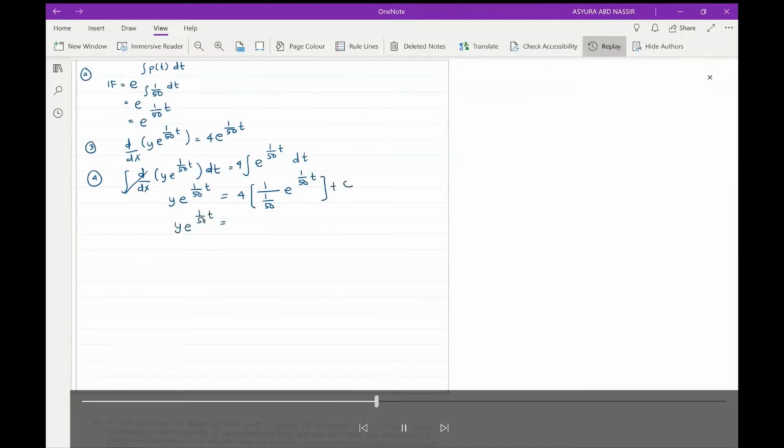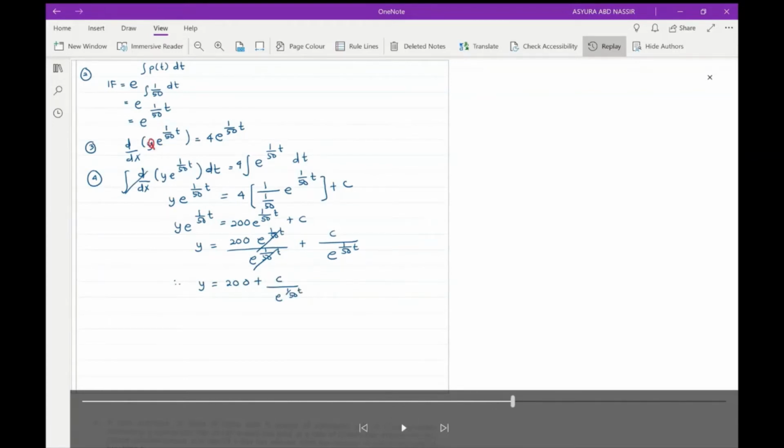Next you will solve, and you will get y is 200 e^(t/50) over e^(t/50) plus c over e^(t/50), and lastly simplify and you will get y is 200 plus c over e^(t/50).